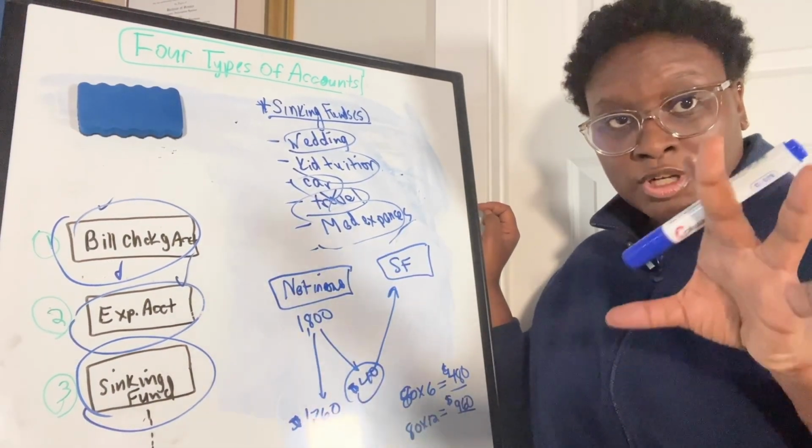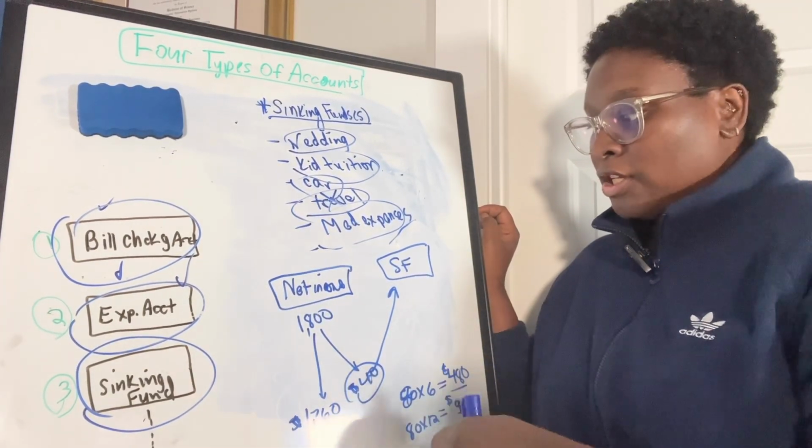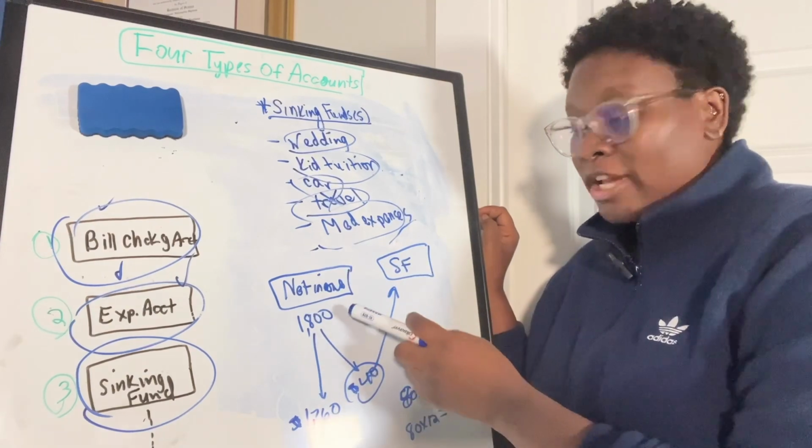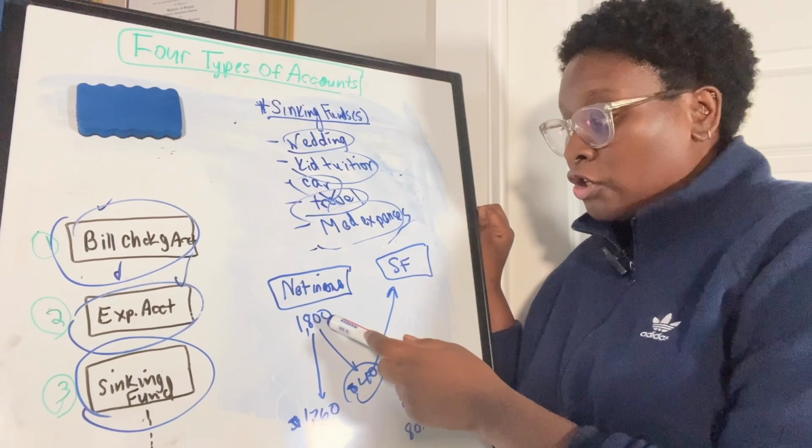I'm going to wrap this up with the sinking fund so we can go to the next account. Say, for example, your net income after taxes and Medicare is $1,800.